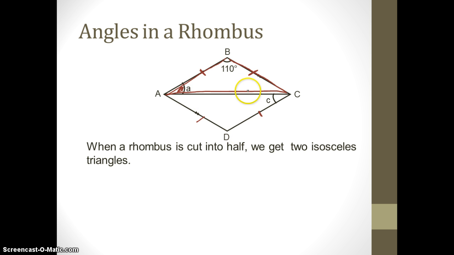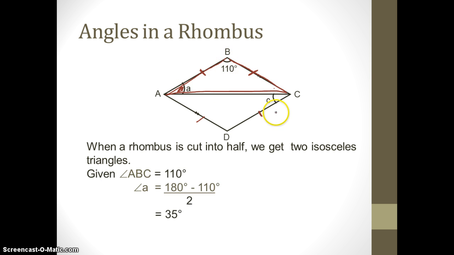So angle A is 180 minus 110, divided by 2, which is 35. Let's look for angle C. Are you able to find angle C without calculation? Very good. Angle C is the same as angle A because of alternate angles. So angle C is also 35 degrees.